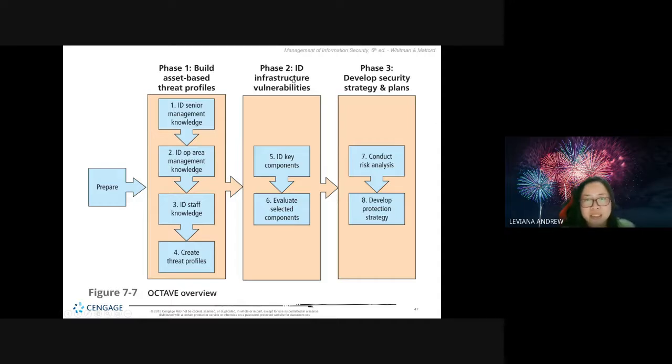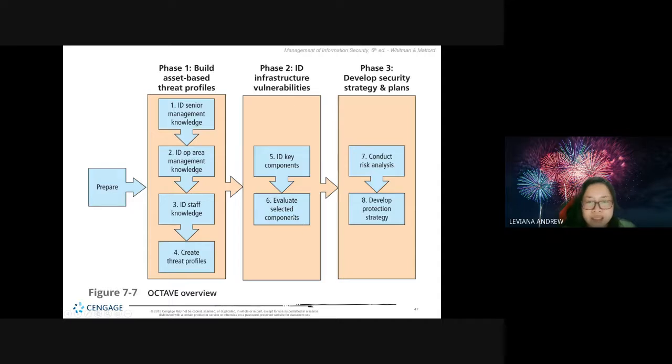Phase 2, ID infrastructure vulnerabilities. Okay, after they have created the threat profiles, they will create key components. The key components of the threat, apa yang mungkin menyumbang kepada the vulnerability.